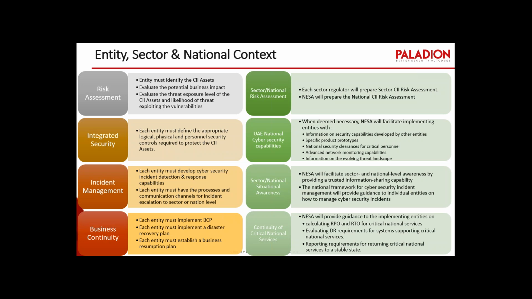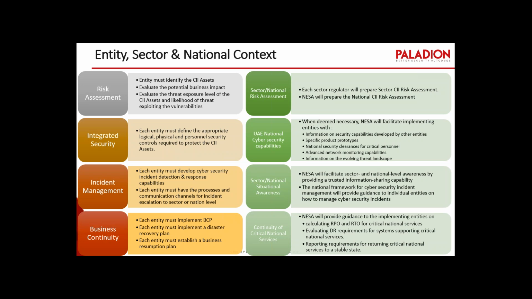Then the second one is UAE national cybersecurity capabilities. NESA will facilitate the implementing entities with information on security capabilities developed by other entities. So if one entity is seeking support or ideas in implementing a particular security control, NESA would provide that kind of information and support.